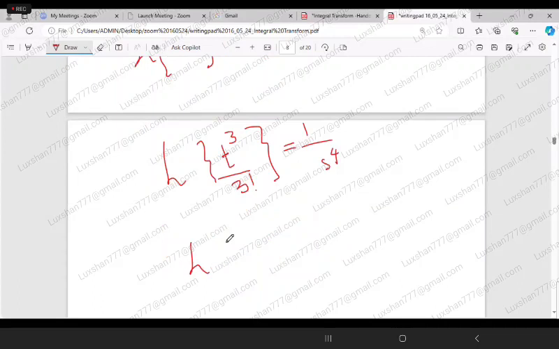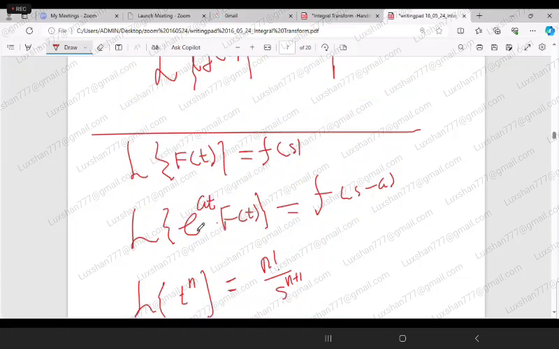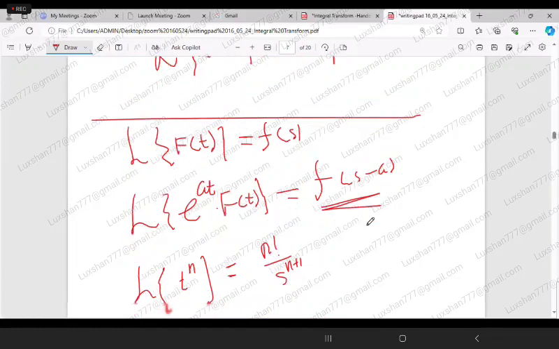So now if you multiply this with e to the power minus t, when it is multiplied with e to the power a t, we get s minus a.